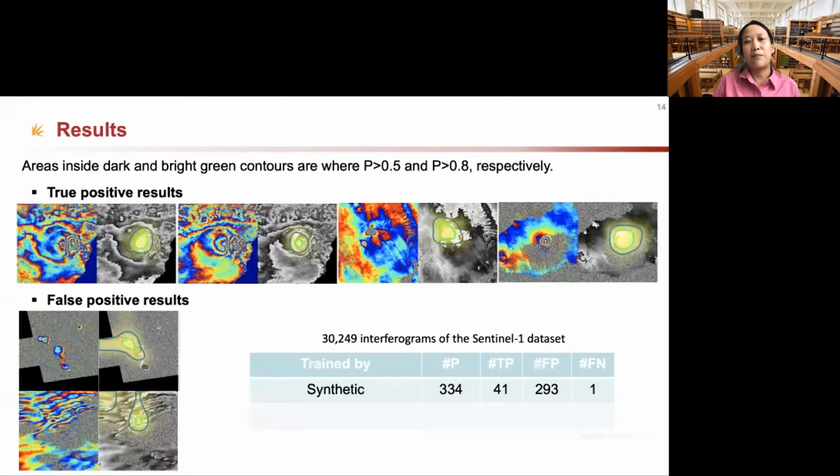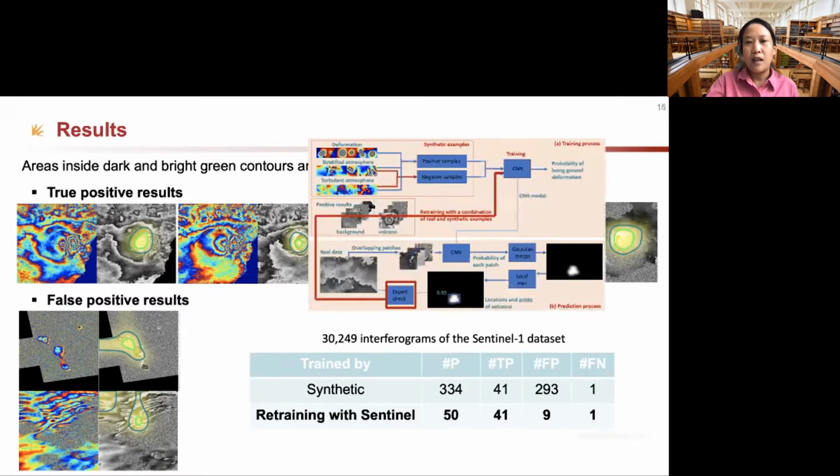Now I show you some results. Each pair is the interferogram and probability map. The brighter yellow is the higher probability of being deformation. There are some false positives, like an island or strong atmosphere here. After the expert checked, we fed the predicted positives to retrain the network again.